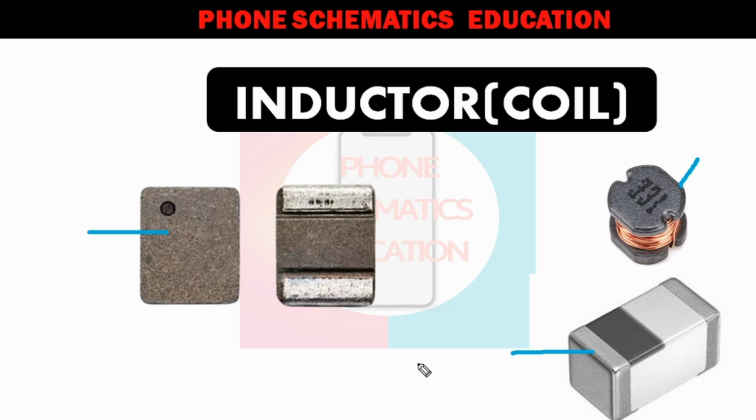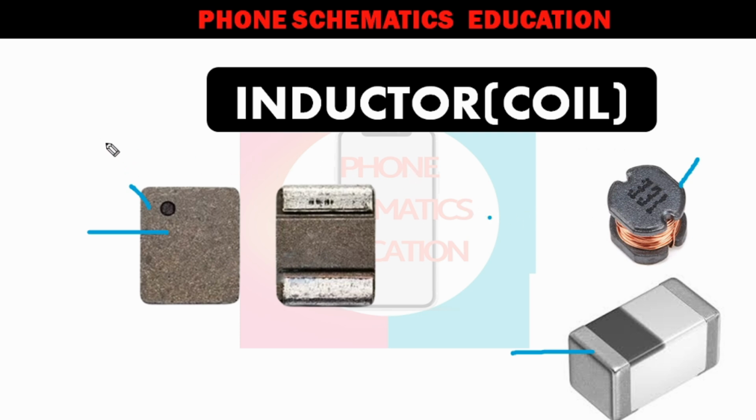For example, I'll show you 2 inductors. Now what is an inductor? First, an inductor is an electronic component used in an electronic circuit to store energy. Capacitors also store energy, but an inductor or coil stores energy in a magnetic field, right? I will explain to you.